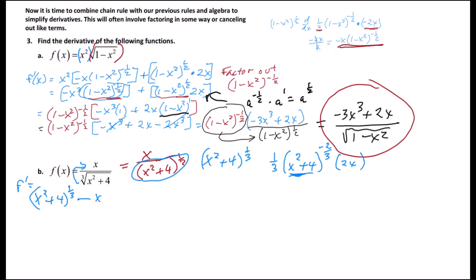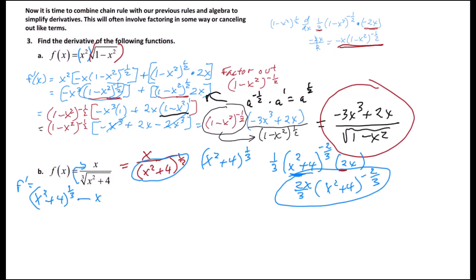Alright, I'm seeing this, 2x times 1/3 would give me 2/3 x times x squared plus 4 to the negative 2/3 power.